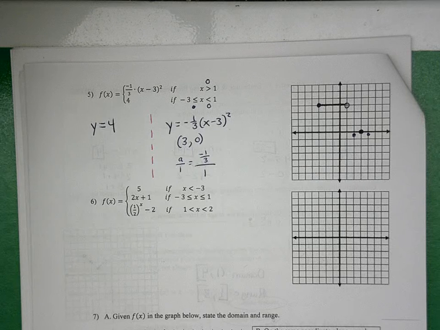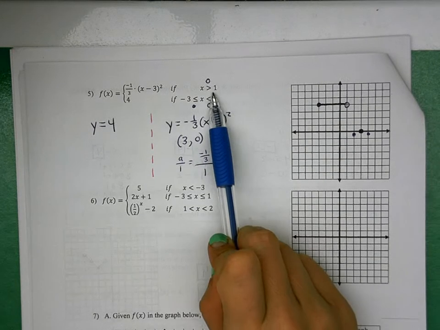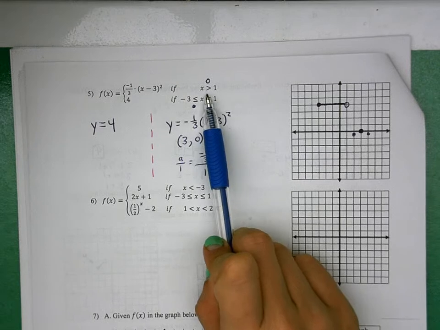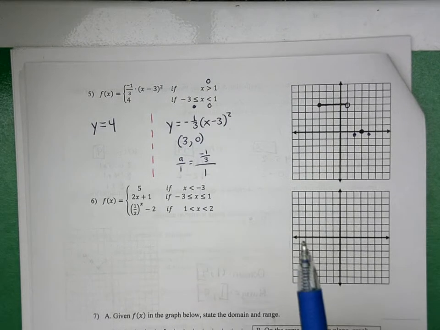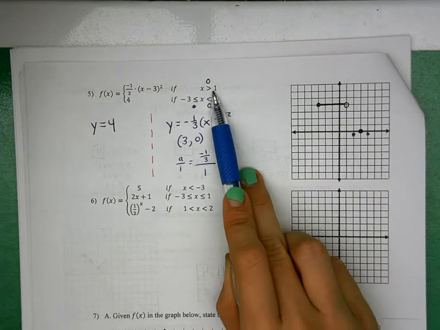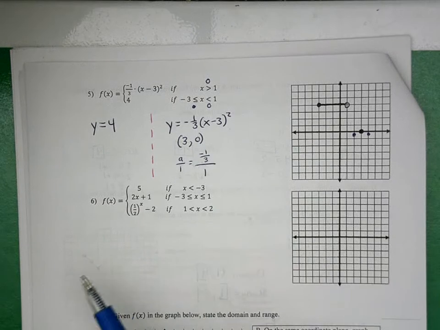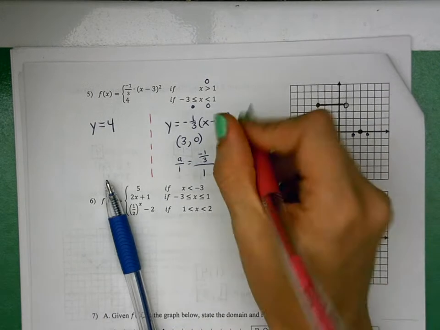I do need to figure out where I end though, because look at what my last value, a hole, needs to be for my quadratic. Okay, and so this is where it's going to be helpful to plug in this 1 to see where my ending point is going to be. So I'm going to go ahead and do that, plugging in 1.